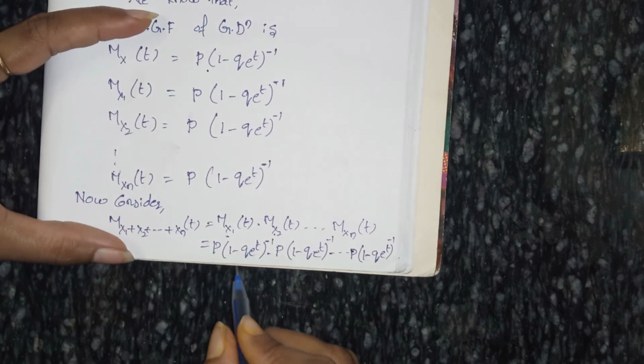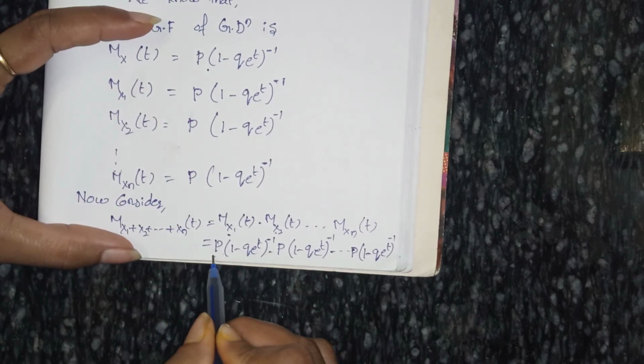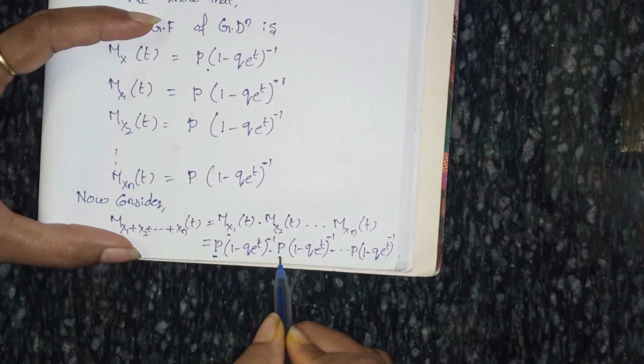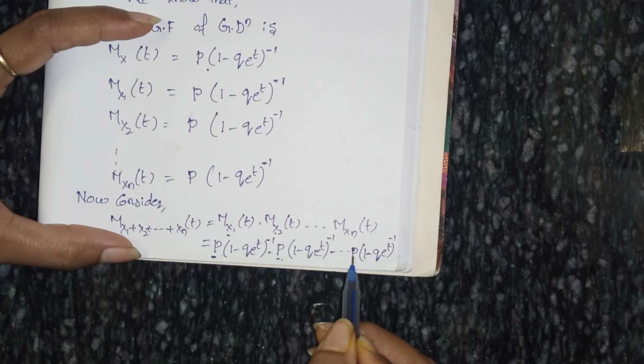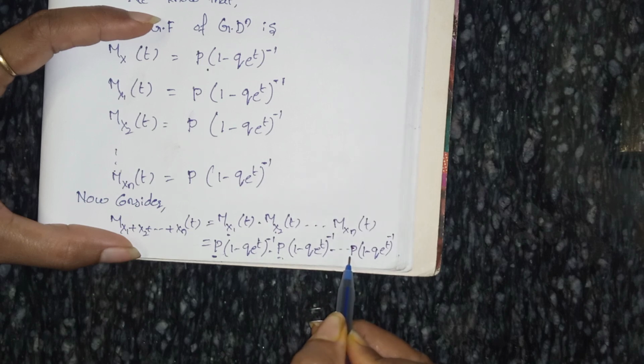If we see here, we have p, then the second p, giving p square, and so on; this is the nth term if we consider.